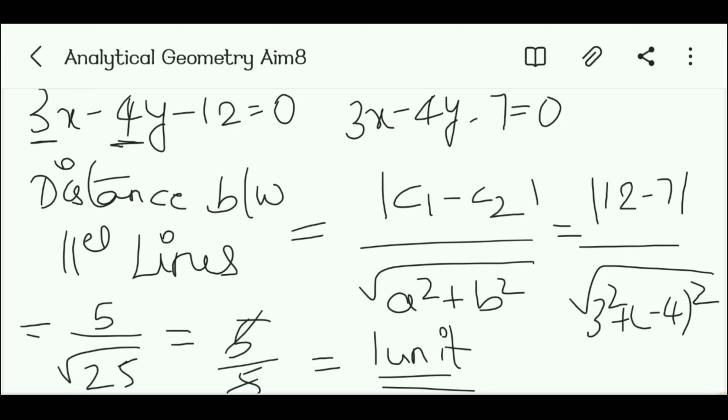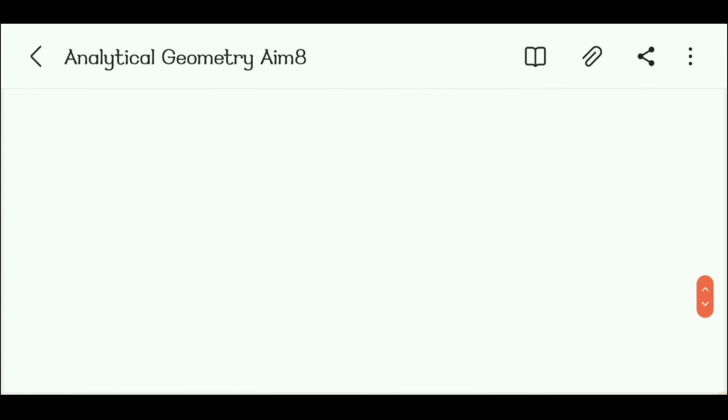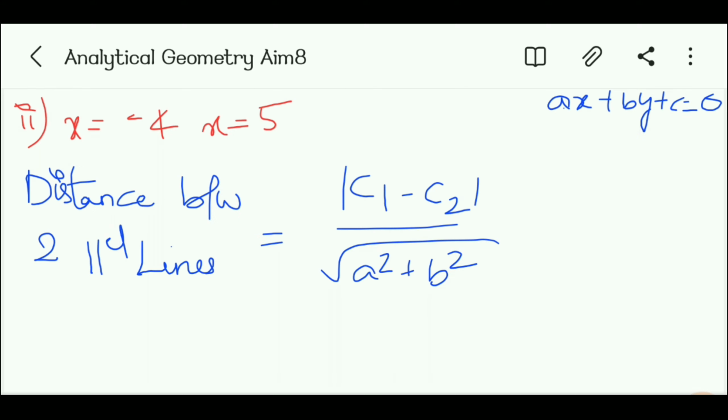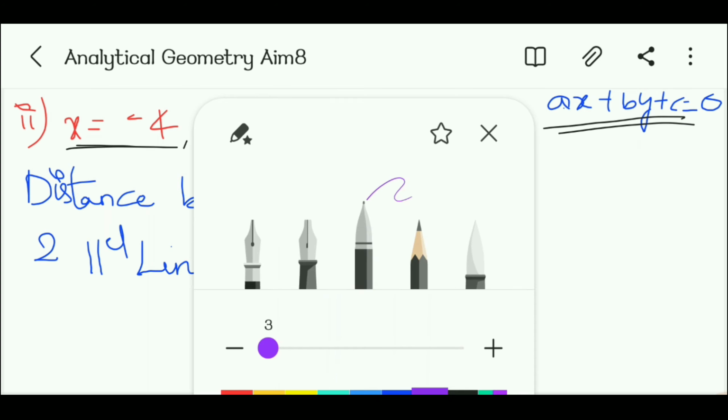Okay, now we will see the second bit. Now the second bit is x is equal to minus 4 and x is equal to 5. These two are different equations. For these two we have to find the distance between the parallel lines. As I have already told you, we have to turn them into this form. For the first equation, I will change the color, I am taking purple.